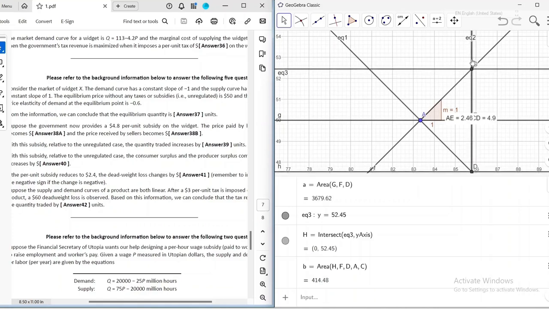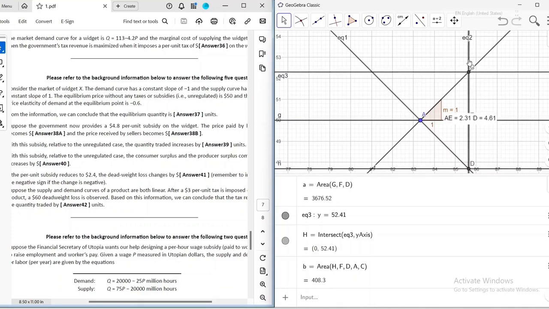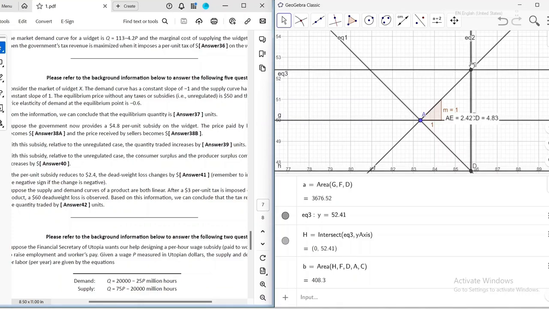Let me make it 4.8. Okay, so this is almost 4.8. Now you can see the area of CAD. Let me calculate again.